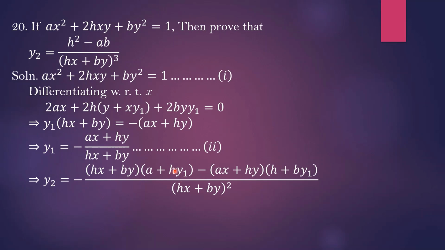Then compulsory minus, numerator remaining same, then the derivative of the denominator hx plus by: h remaining same, the derivative of x is 1, and b remaining same, and the derivative of y is y1, and then denominator square here. I think you understood this line.